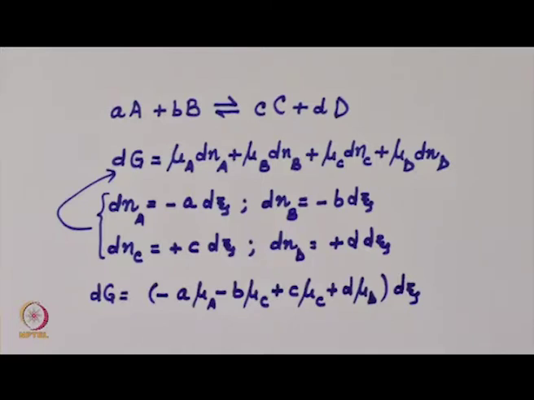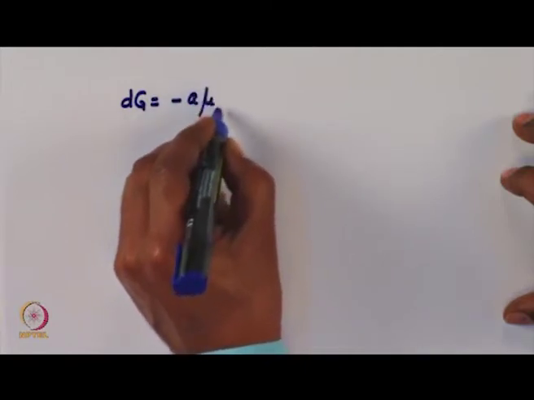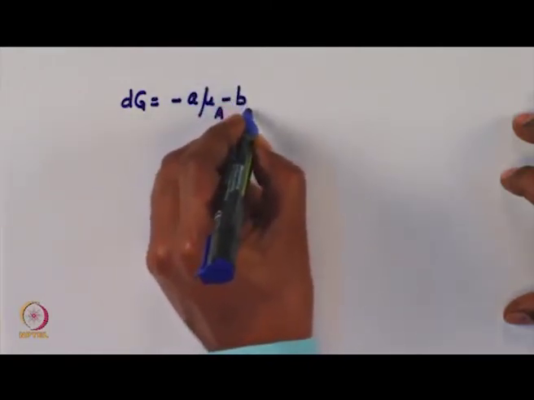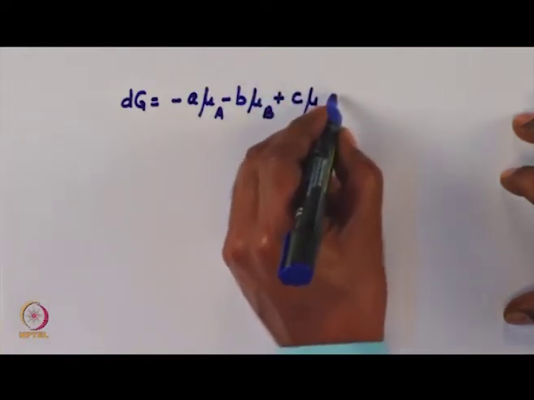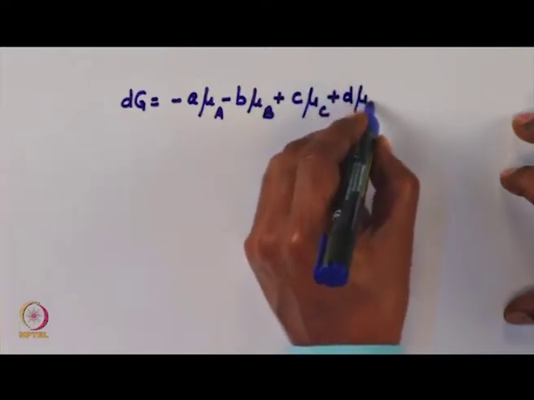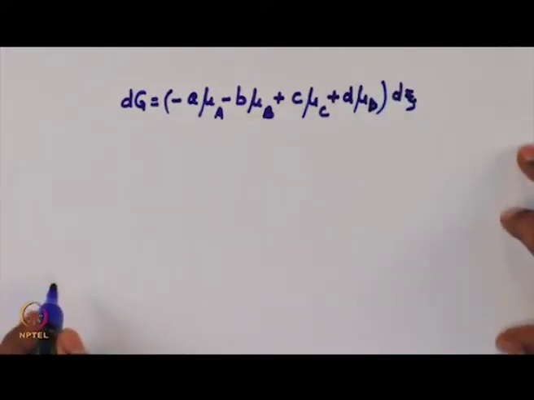Right. So what we have done is, we have come up with an equation that dG is equal to this bracket times d xi, and remember that pressure and temperature are anyway kept constant.